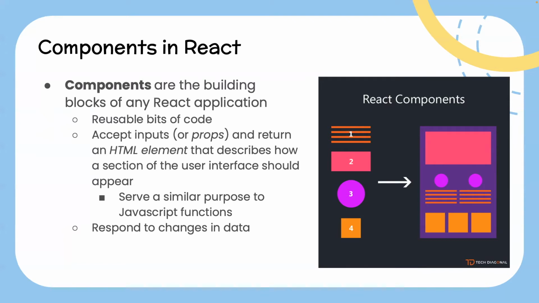They're reusable bits of code that accept inputs or props, which we'll get into later, and return an HTML element that describes how a section of the UI should appear to users. They serve a similar purpose to JavaScript functions, which we will also talk about later, and they are also responsive to changes in data.